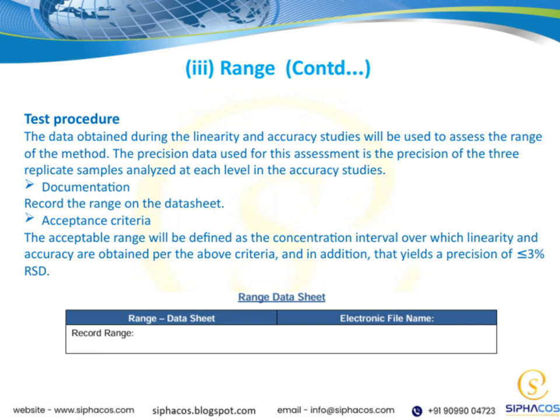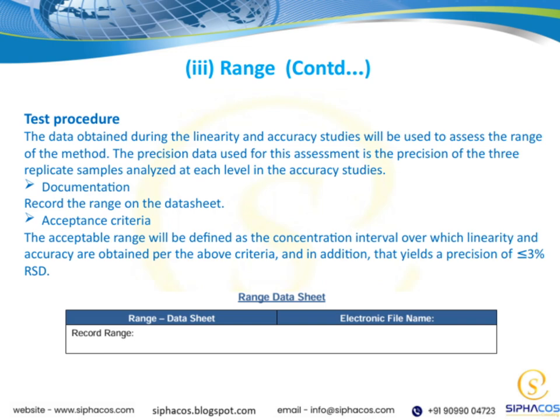When it comes to documentation, it's important to record the range directly on the datasheet so everything is clear and traceable. As for the acceptance criteria, the acceptable range is defined by a couple of key points. First, it must show linearity and accuracy within the specified criteria we've set earlier.